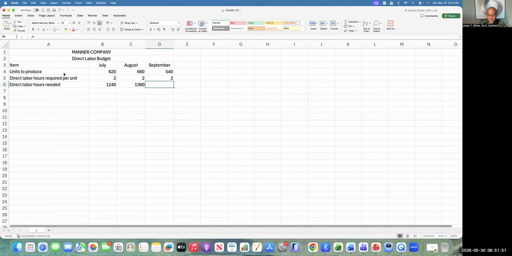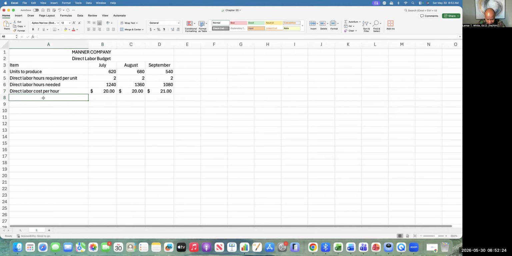And for September, it'll be 540 times 2. All right. So those are the direct labor hours needed. Now I'm going to put my direct labor cost per hour. The question tells me in July, it's going to be $20. In August, it's going to be $20, but in September, it's going to be $21. All right. So the question gives me those numbers.